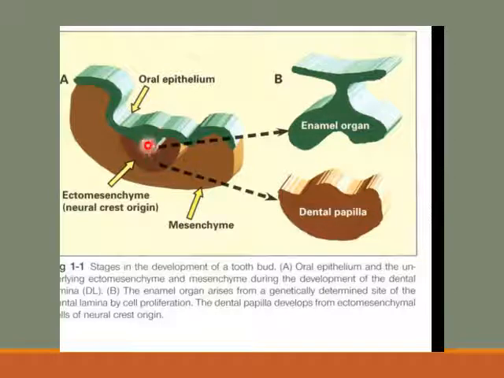This represents the dental lamina at about 7 weeks of intrauterine life, and this is the thickening in the ectomesenchyme, which has the neural crest cells inside the mesoderm, and this later on represents the dental papilla. Both of them, dental papilla and enamel organ, are covered by the dental follicle or dental sac. This is the oral epithelium, dental lamina, and this is the enamel organ here.